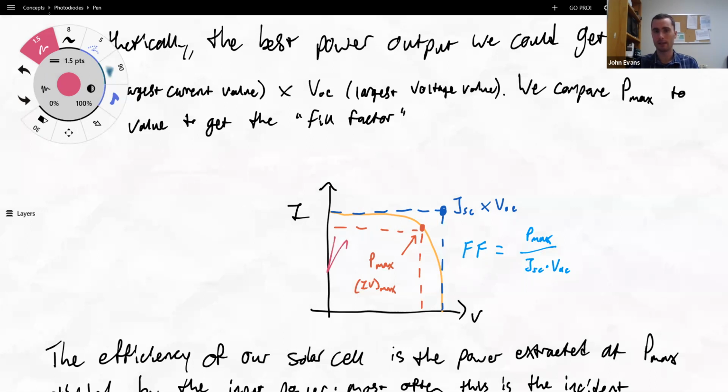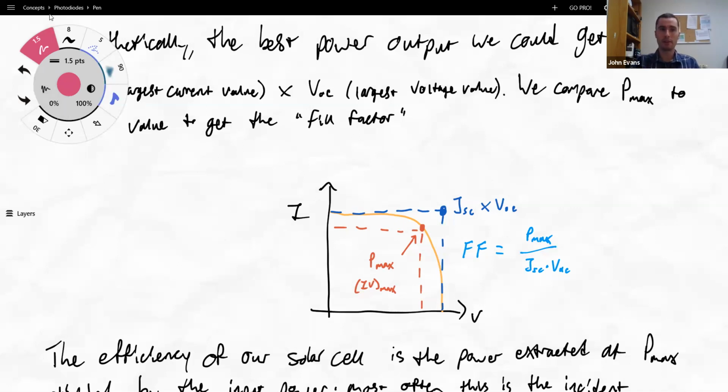So all of this is filled, but hypothetically all of this should be filled too. So the fraction that is actually filled is the fill factor. And it's just equal to P max divided by JSC times VOC. It's going to be really important as we discuss ideality.